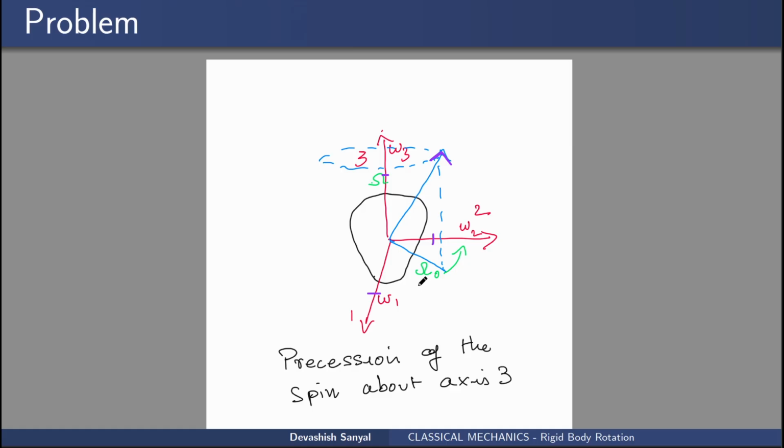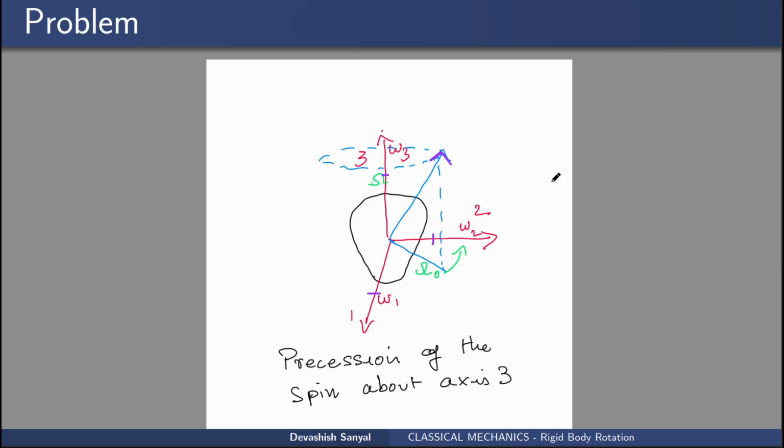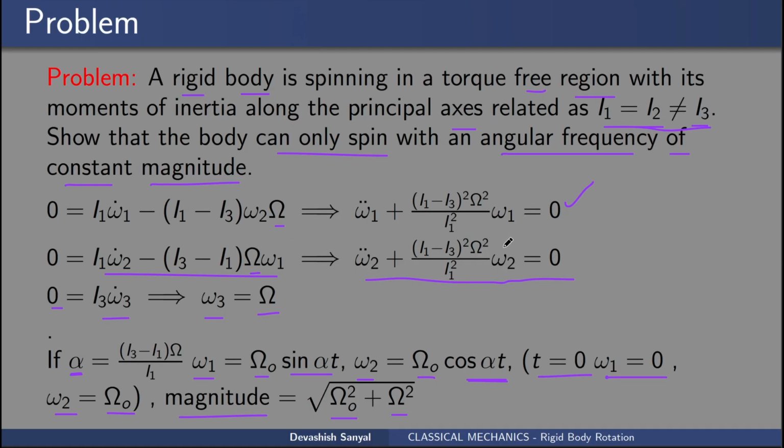Okay, so this is the precession motion of a rigid body in a torque free region, satisfying the condition I1 is equal to I2 not equal to I3. And so we see that this is a constant, independent of time.